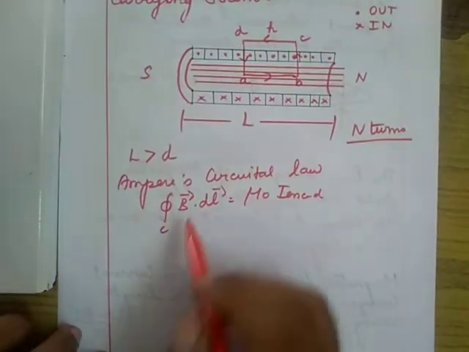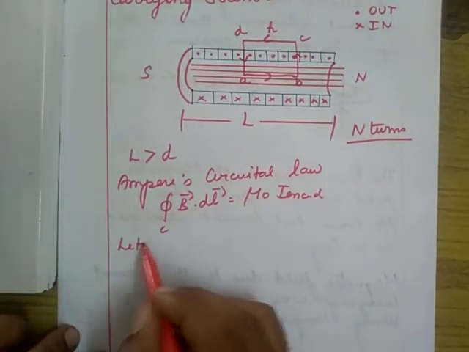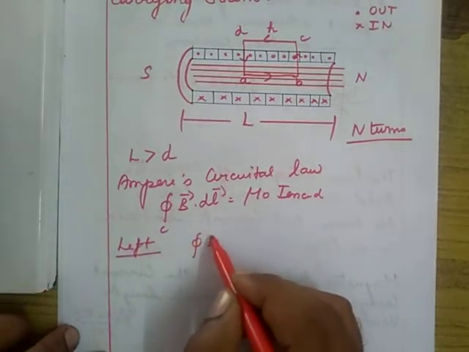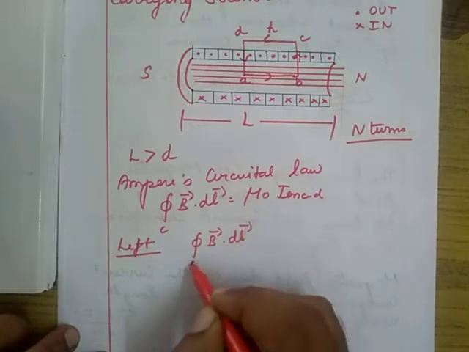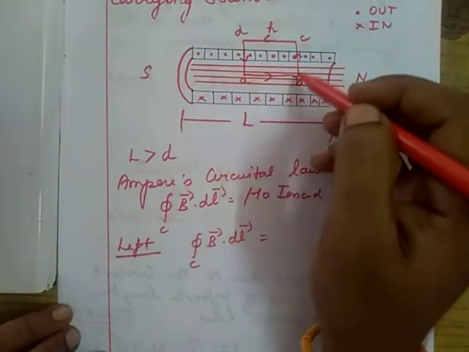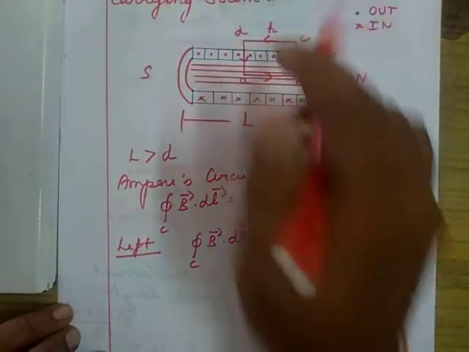In this equation I consider the left side, that is the closed integral of B vector dot dl vector. We can write the rectangular loop as individual length elements.